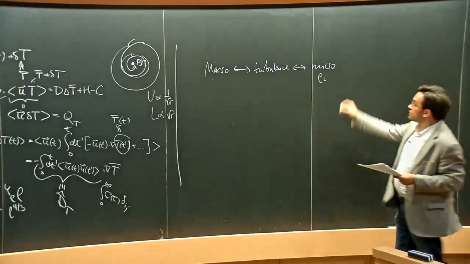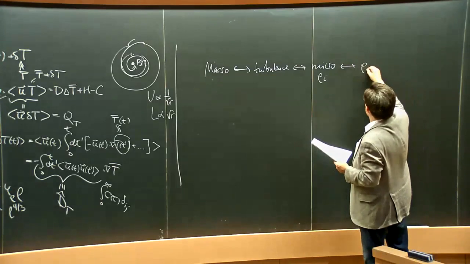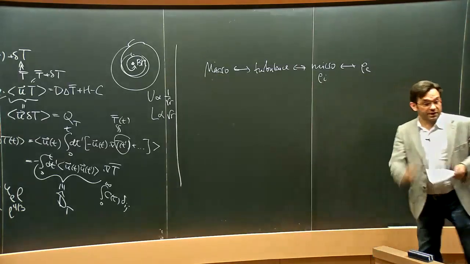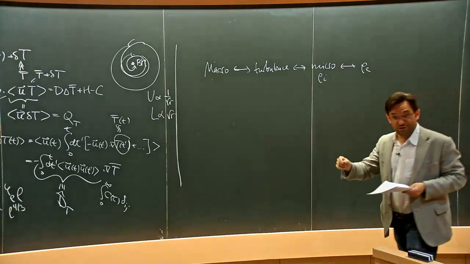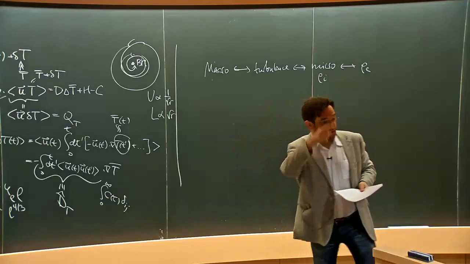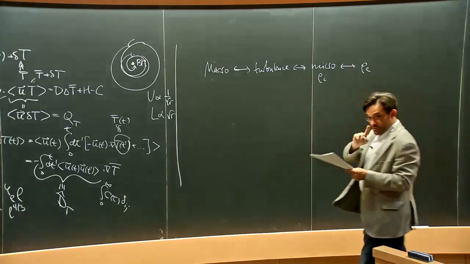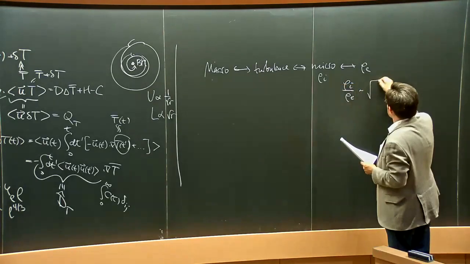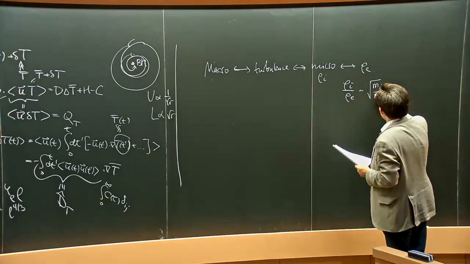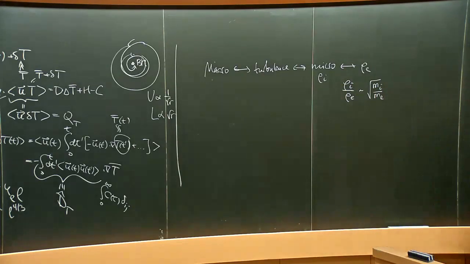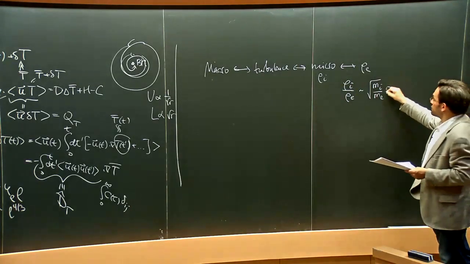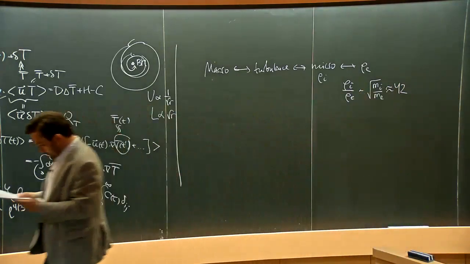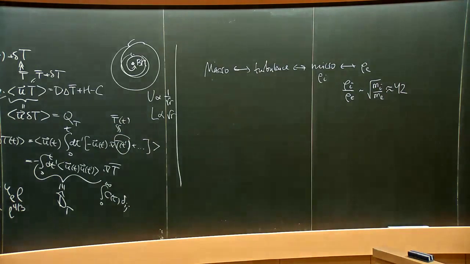In fact, we have 2 microscales because we also have electron scales. Ions are heavier, electrons are lighter, so ions have much larger Larmor radii, and the ratio of these two things, rho I over rho E, is the square root of the mass ratio of the ions to electrons, which, for those of you who don't know, is approximately equal to 42, which is the answer to the ultimate question of life, universe, and everything.